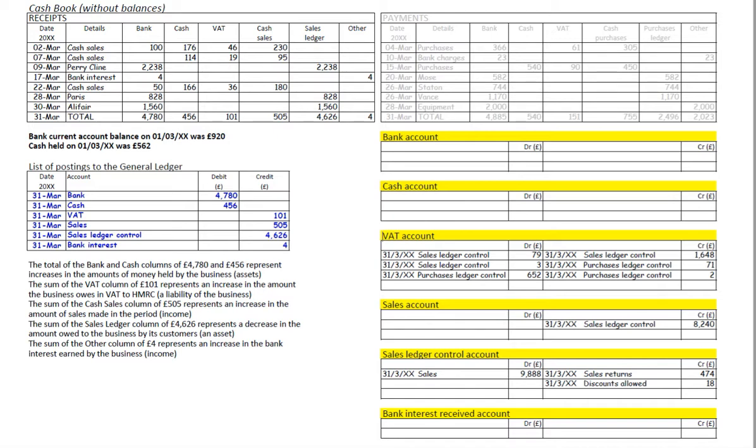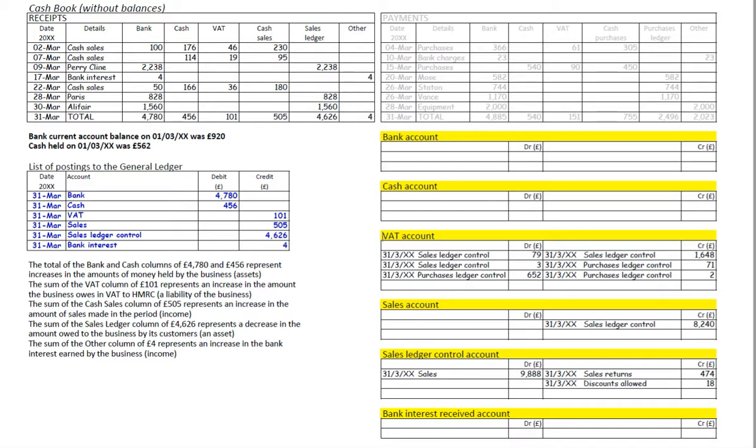We've got the sales account that records the net sales from our sales day book. We've got a sales ledger control account, which already contains some postings from the sales day book, the sales returns day book, and the discounts allowed day book. And we've got a bank interest received account.